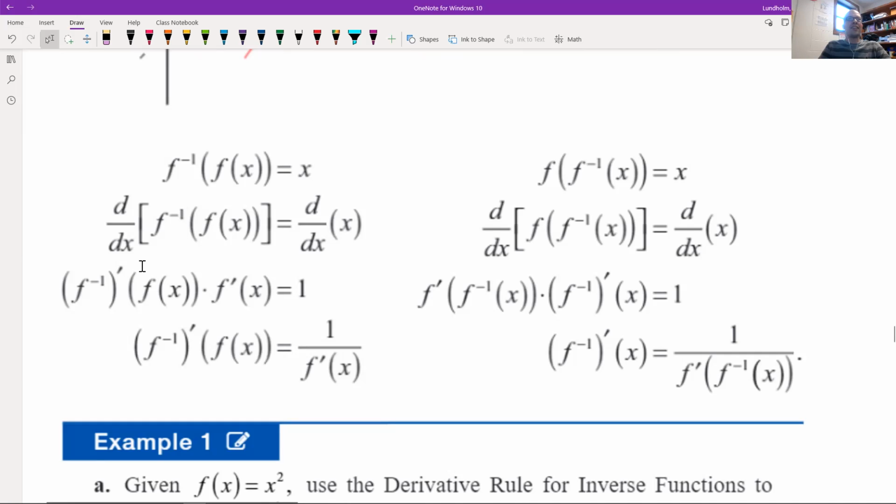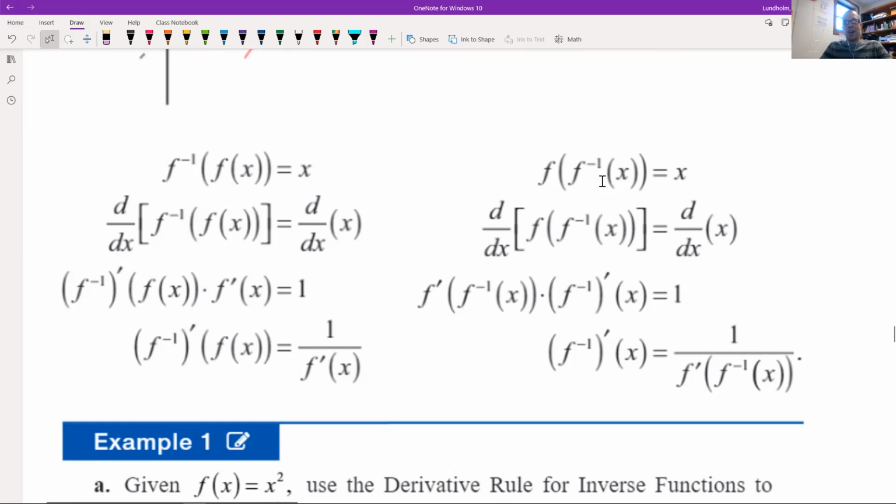The chain rule looks like taking the derivative of the outside function, evaluated at the inside function, times the derivative of the inside function. So that's chain rule right there. And then in order to get this version of the formula, all we're doing is dividing both sides by f prime.